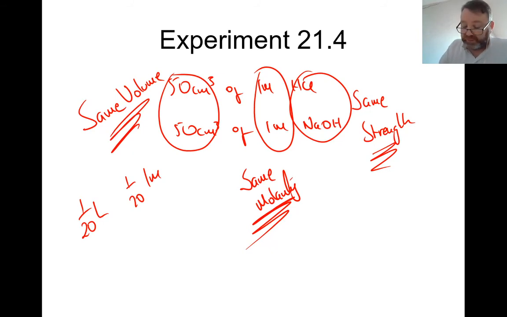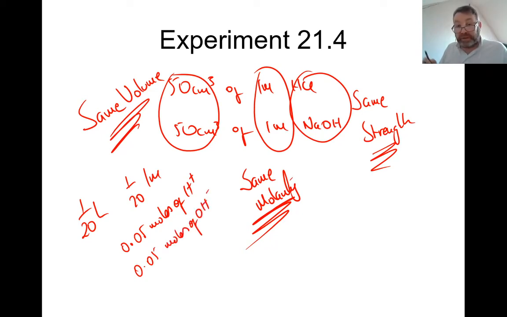So in both of these, I am using 0.05 moles of H plus and 0.05 moles of OH minus. See that? Because both of them are strong acids and strong bases, they will give me a complete dissociation, giving me 0.05 moles of H plus and 0.05 moles of OH minus.